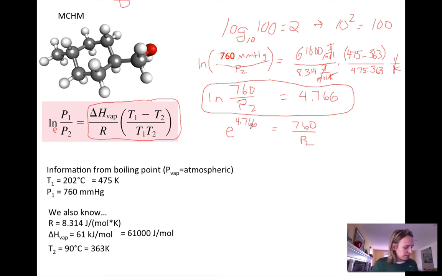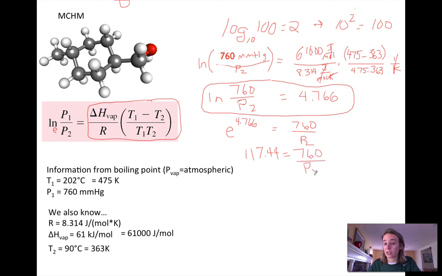If you do it out on your calculator, e to the first power is equal to 2.718. So you raise 2.718 to the power of 4.766 and you get 117.44. And that's equal to 760 over P2.